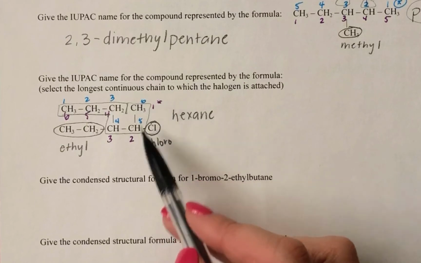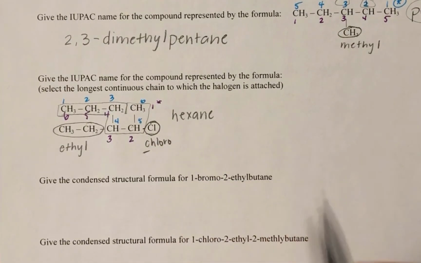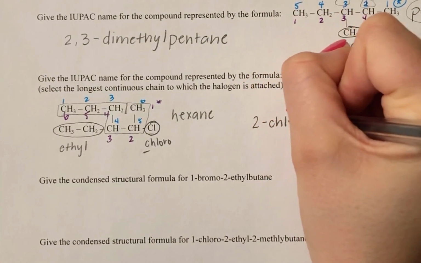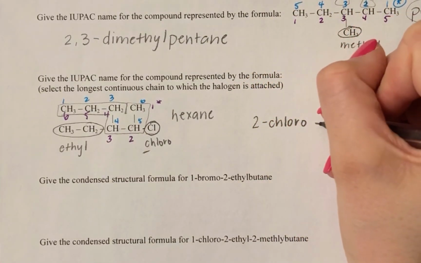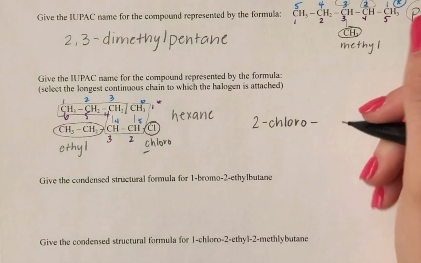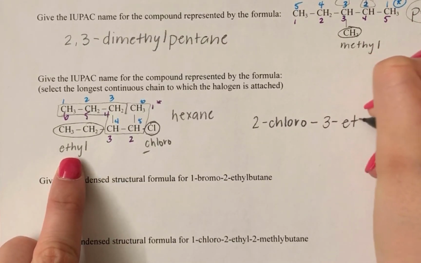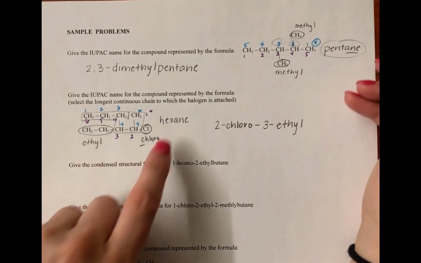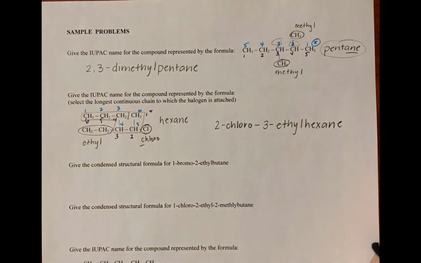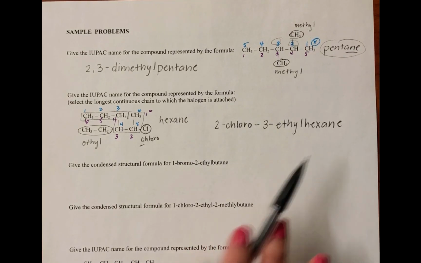So if I'm using the purple naming here, chloro comes first with C. So we're going to do 2-chloro, another hyphen to separate numbers and letters. Then we have 3-ethyl, and then we put the parent name, hexane. So this is 2-chloro-3-ethyl hexane.